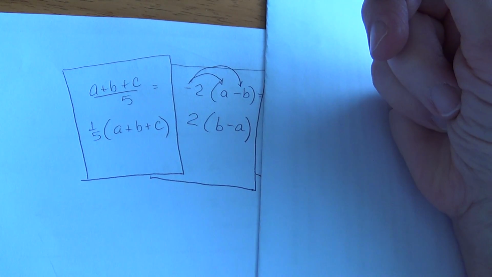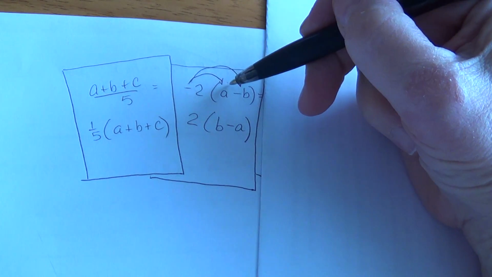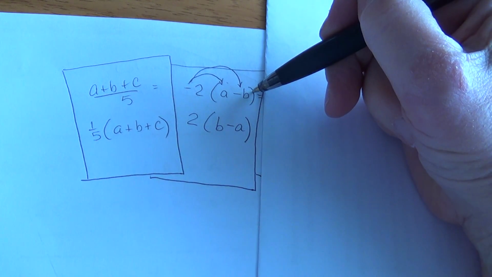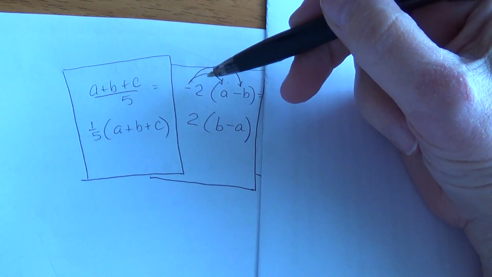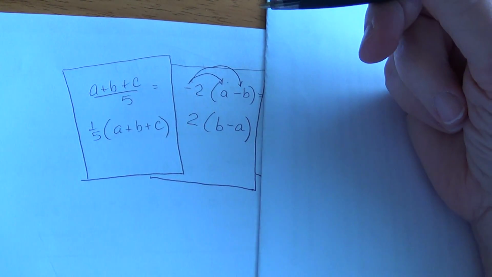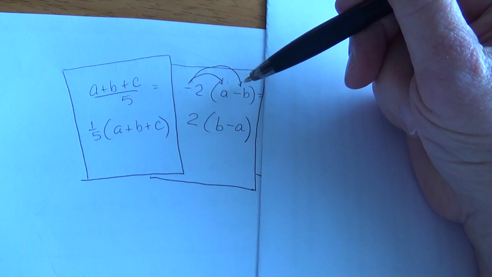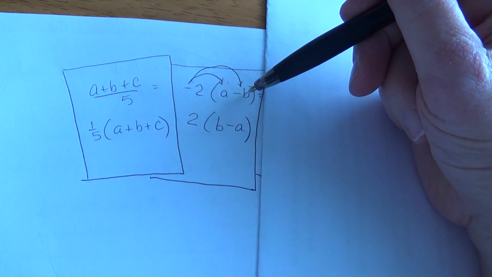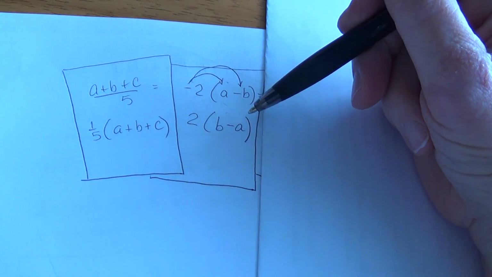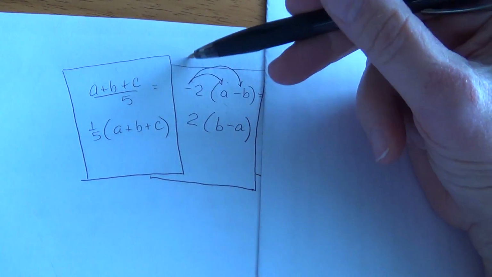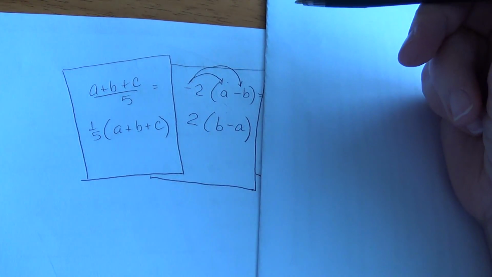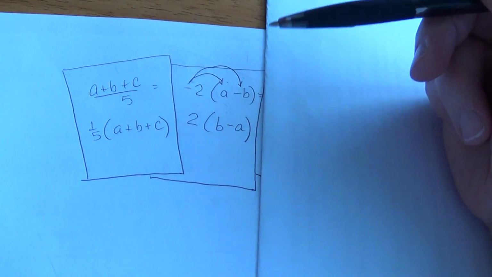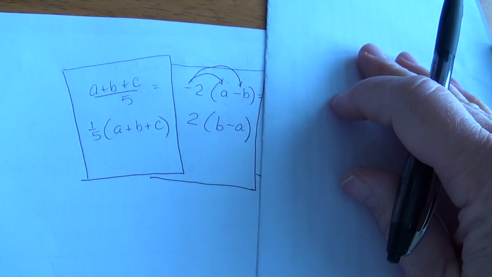So A is going to become negative and B is going to become positive. And I've distributed the negative, so the 2 will be without it. I'm going to write that in the more visually pleasing direction, putting the positive first and the negative second. So summarizing that, these are equivalent. We'll use that idea today.